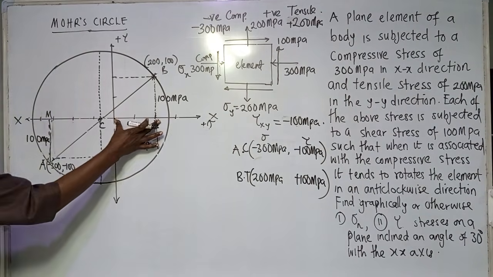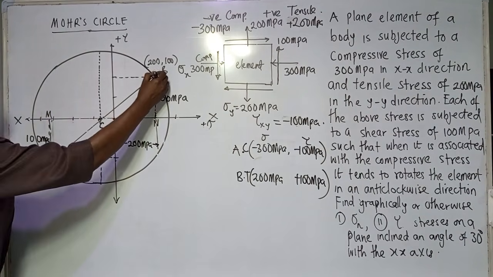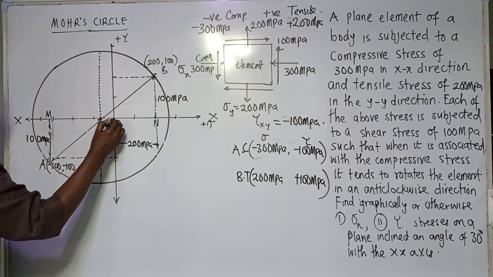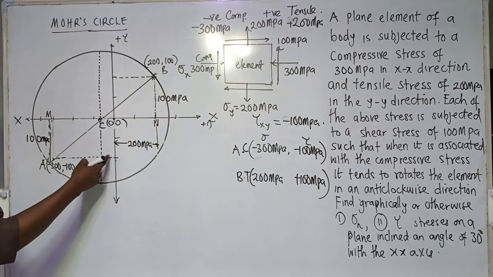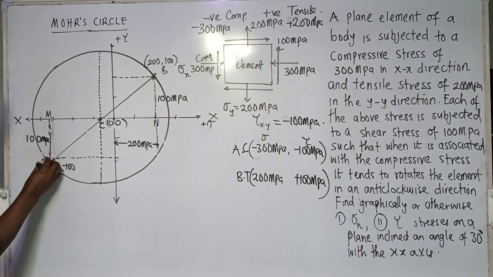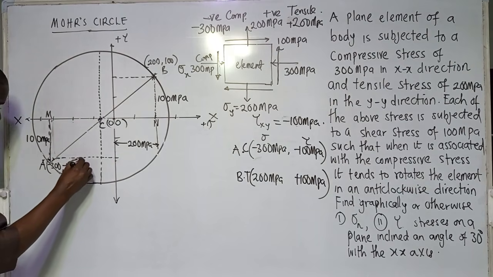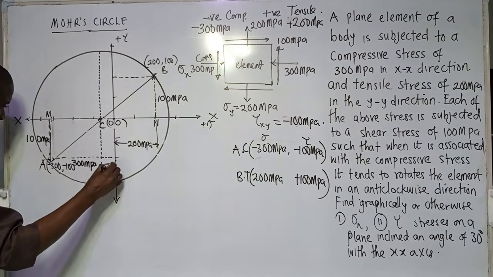Follow up from here to this place is from the origin, which we use to draw this coordinate, 0, 0. And from here to this place is 300 megapascal.